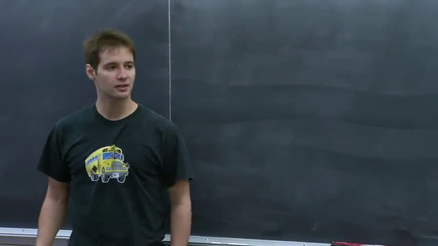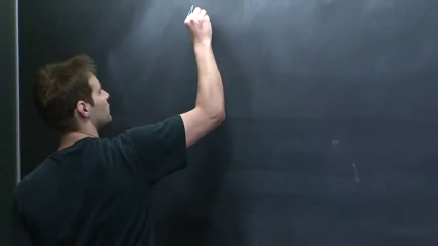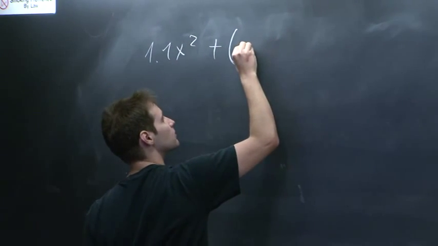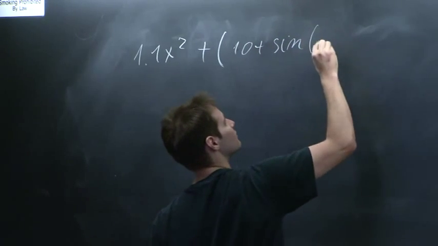So the hardest and I think most important part of the whole course is learning how to deal with asymptotic complexity. Asymptotic complexity is this very nice tool where you have a function that looks like this, x squared plus 10 plus sine.